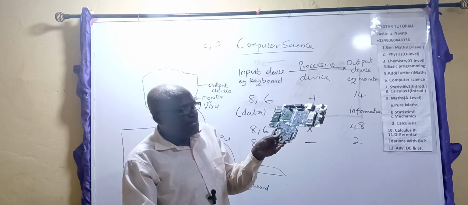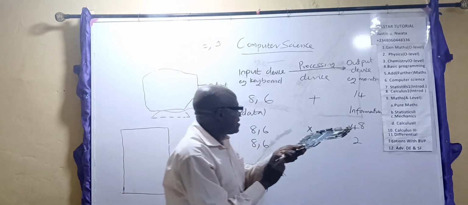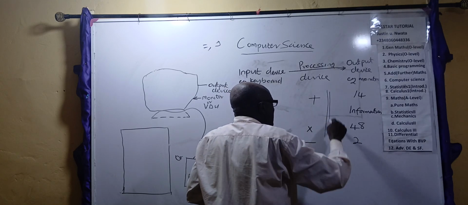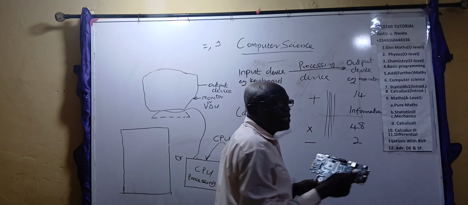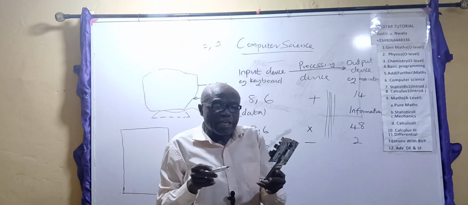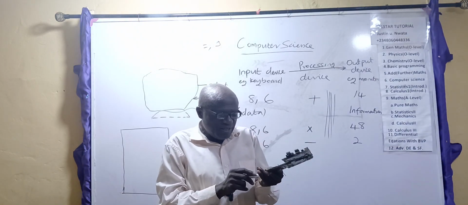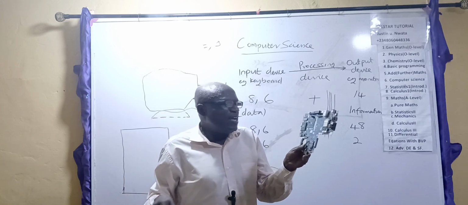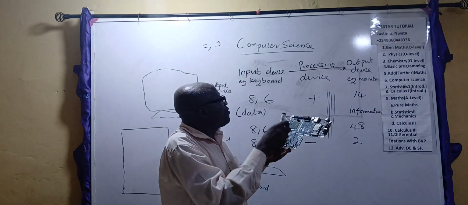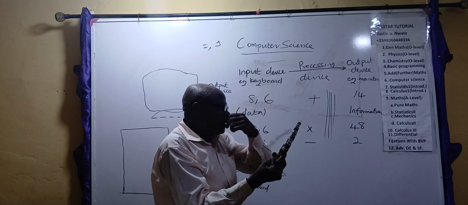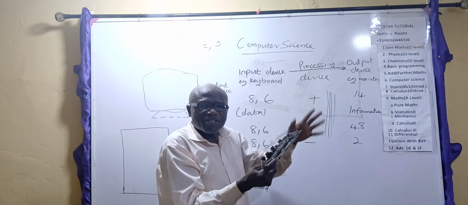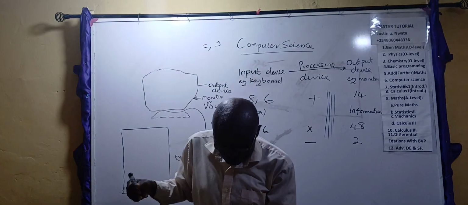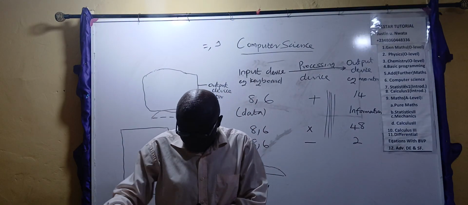Those tiny wires are electronic highways carrying charges and electrons from one component to another. So this is the work of those who study computer engineering. If you open the inside of an old television, you see those types of things: integrated circuits, resistors, capacitors. These are the things used to make the engine of a computer. So we are not going into that aspect.